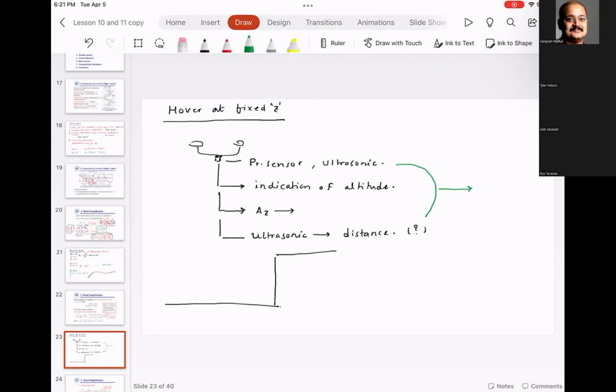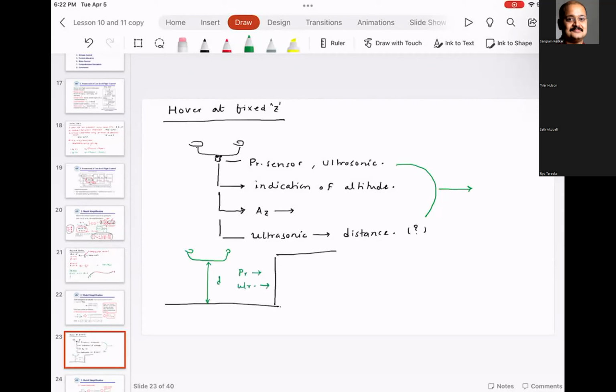This is where the state flow would come in, but let me give you the basic algorithm. Imagine we want the Mambo to hover at stable distance D. I'm going to get the value of pressure and the value of the ultrasonic sensor.